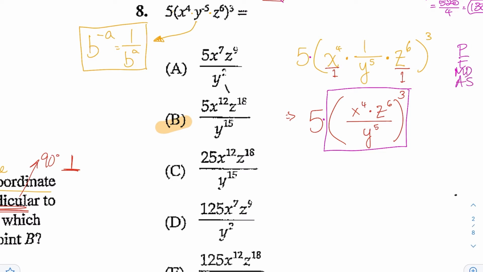We did the parentheses already, inside the parentheses over here. So now you have to do the exponents. Now, for the exponent part, you can actually use the law of exponents that states that b to the a to the c is equal to b to the a times c. And so you have to multiply power to power.